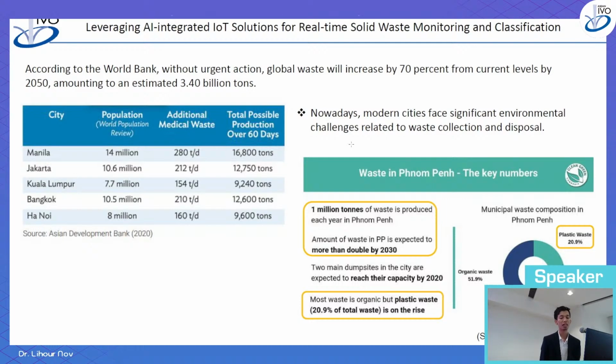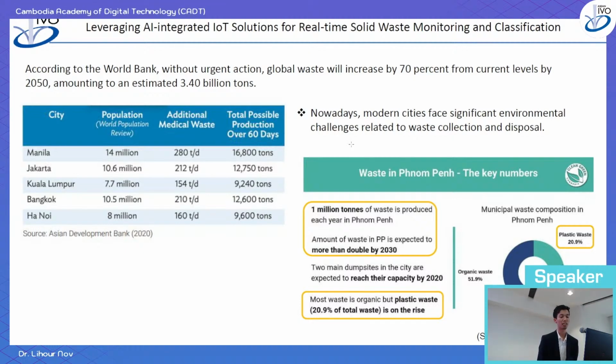And the amount is expected to more than double by 2030. So the amount is hugely increasing. And we have two main dump sites in the city, and they are expected to reach their capacity. So a proper way of managing this waste is critical.